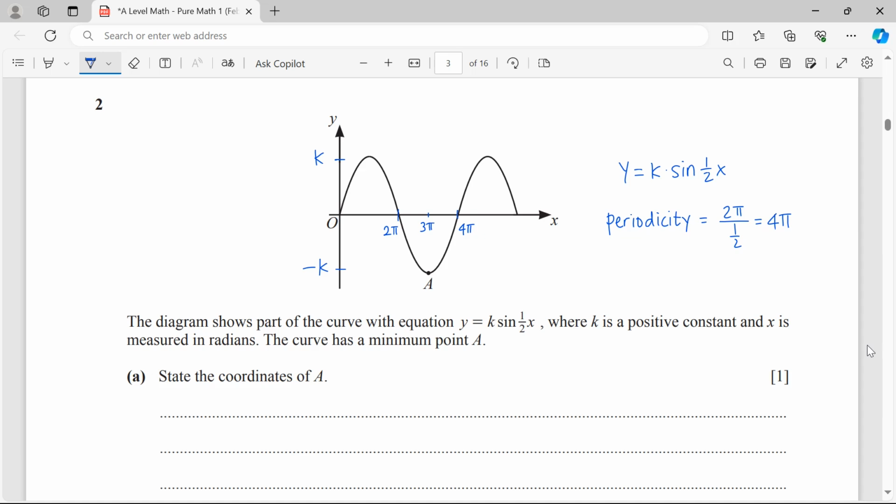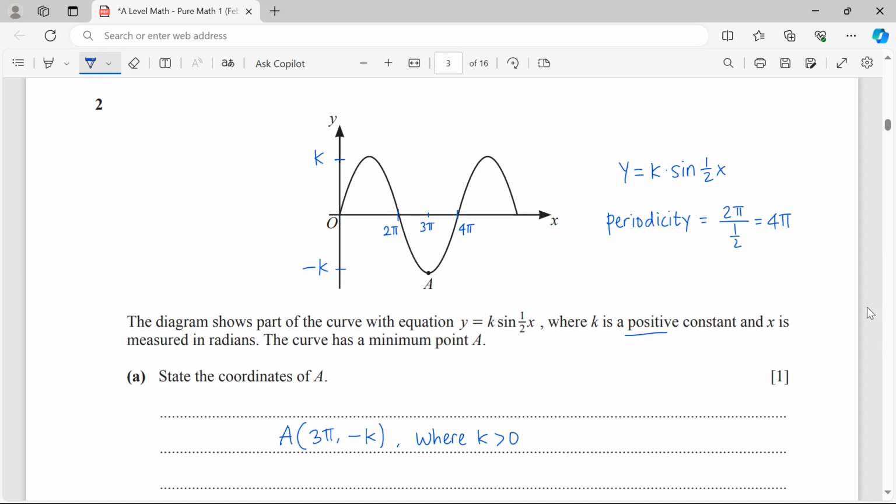So we have found the coordinates of A, which is the x coordinate is 3 pi, and then the y coordinate is negative k. And we know from the question k is a positive constant, or we can say like this, k is greater than 0.